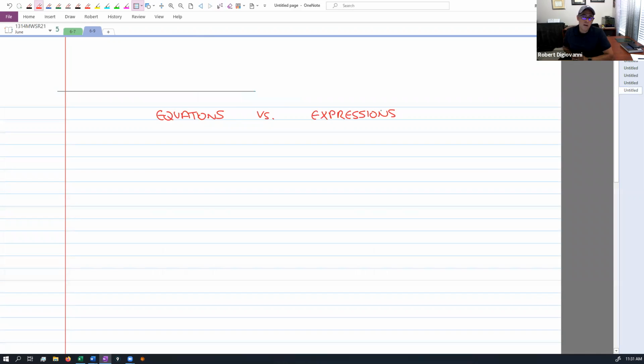All right, so I'm going to write down examples of each, and we just want to be clear with what we're looking at. So if I write 3x plus 1 equals, let's say, 10, and over here I write 3x plus 1 minus 10, those look like almost the same thing, right?